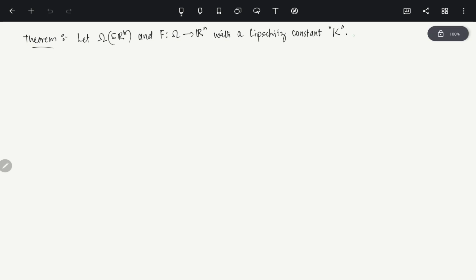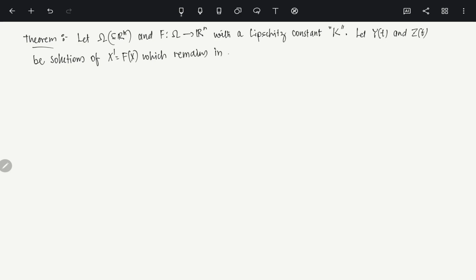Now if that happens, we assume y of t and z of t are solutions of x prime equals f of x, which remain in omega, right?